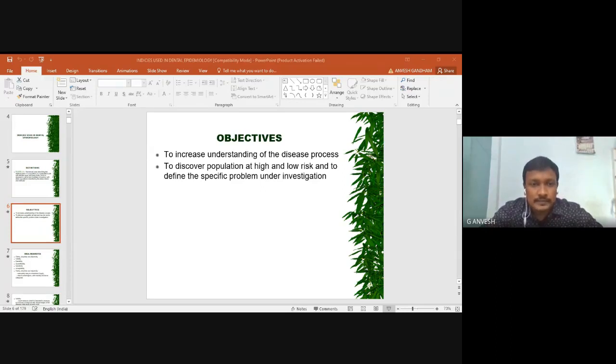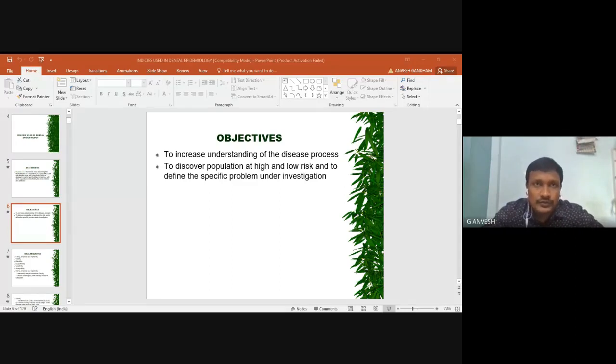Next, reliability. Reliability is virtually synonymous with reproducibility: the ability of the same or different examiners to interpret and use the index in the same way. If you examine the same patient 100 times with the same index, that index should give the same, accurate result.